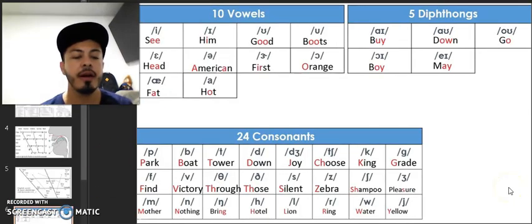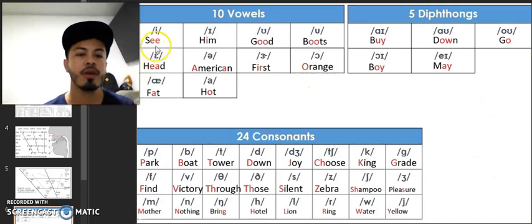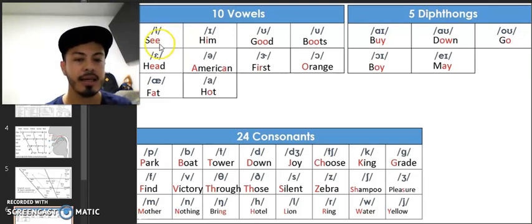Alright, very good. So now we're gonna continue with the pronunciation of the vowels of these sounds right here. So let's start with the E sound. For the sound E, we got the word see.